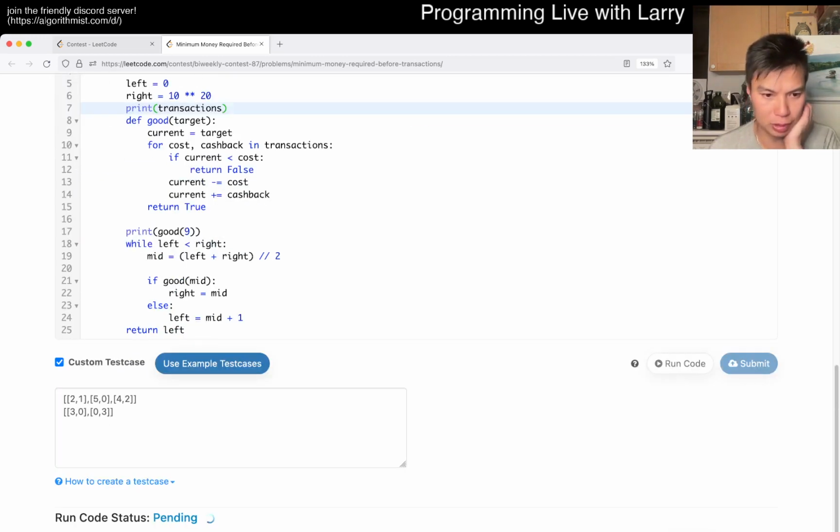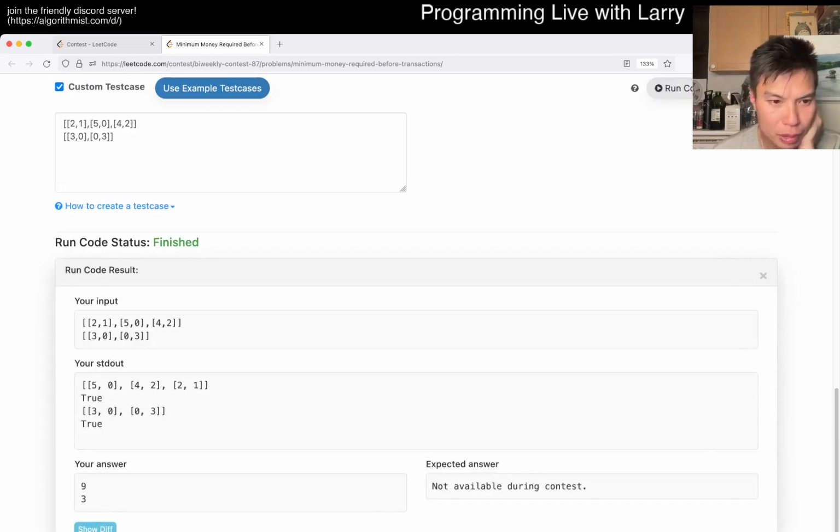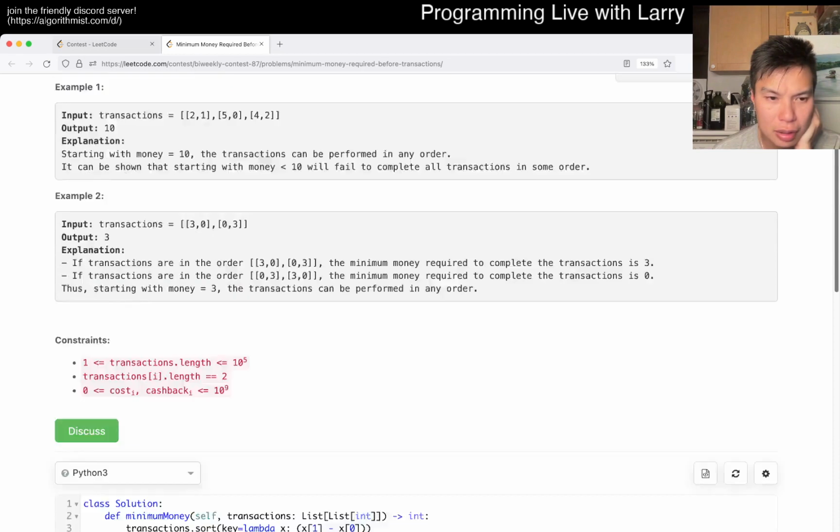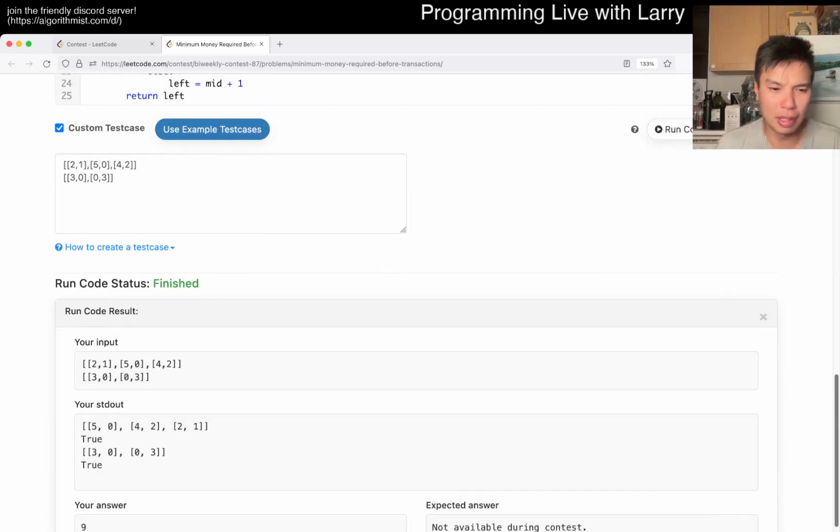Maybe I saw this one. Okay, let's see. So you have 9, it goes, and 2. Okay, that seems right, but assuming that my logic is right. Oh, I see. If I have 9, I cost 5, I have $4.